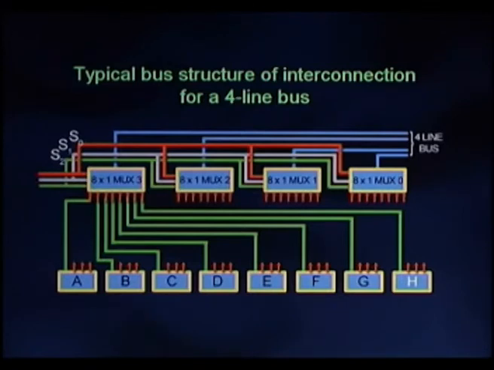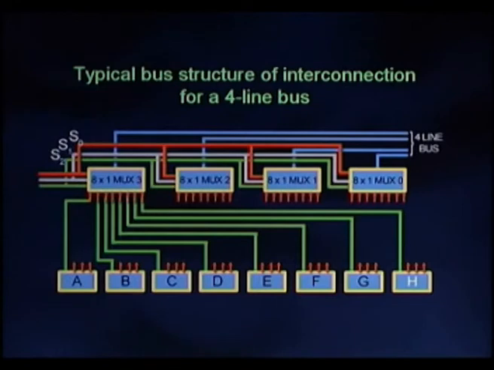Depending on the control signals S0, S1 and S2, one of the 8 registers is selected and put on the bus. As shown in the diagram, there are 4 multiplexers named MUX0, MUX1, MUX2 and MUX3.